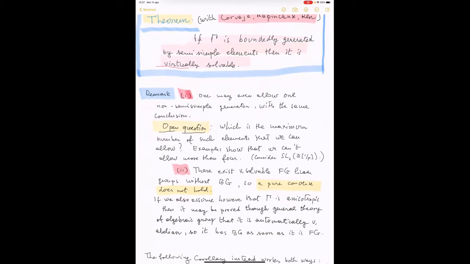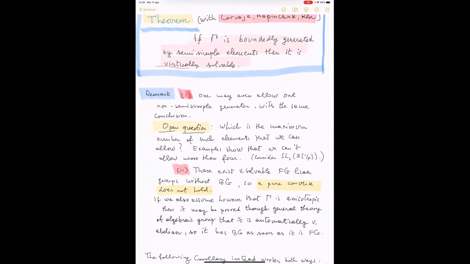We have proved this bit stronger result with the same conclusion. And of course, due to the results that I have recalled before, like Carter-Keller, we cannot allow too many non-semi-simple generators because otherwise the conclusion becomes false.